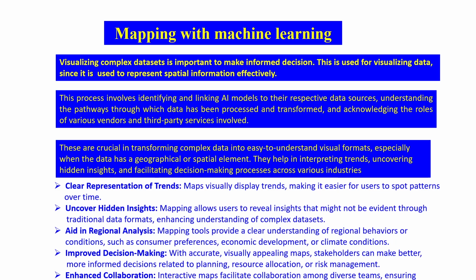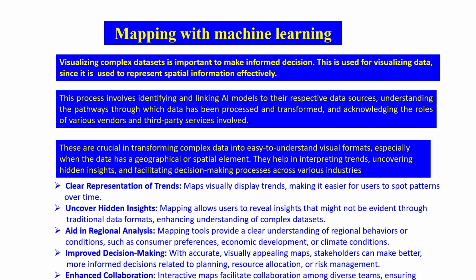The process involves identifying and linking these AI models to the respective data sources, and also understanding the pathways through which data has been processed and transformed, so that it can be connected. It is what is known as mapping.